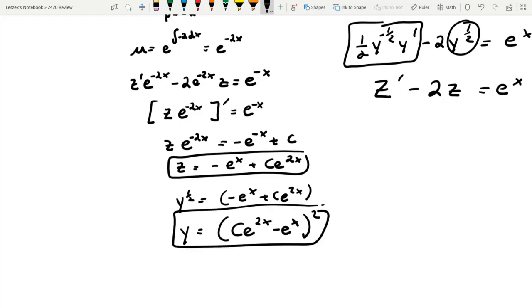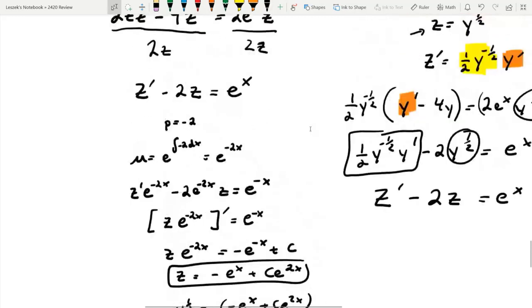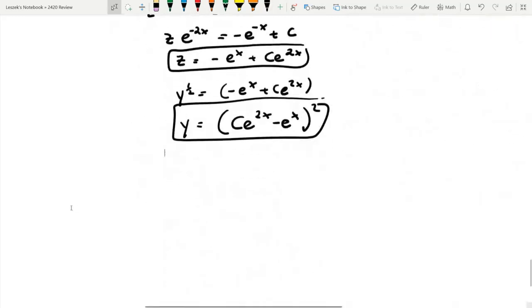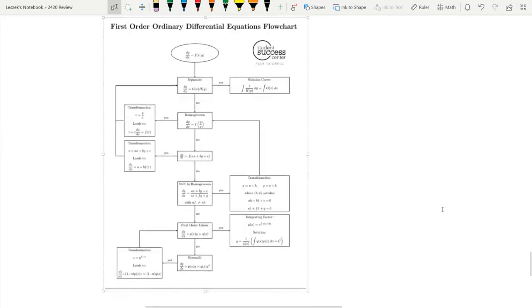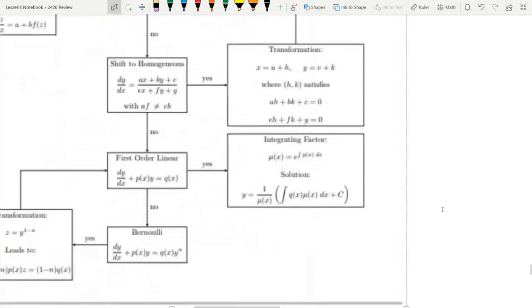Okay, so to answer somebody's question here, let me see if I can still pull up my flowchart. There you go.